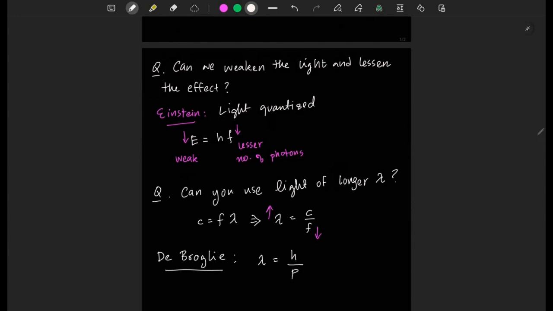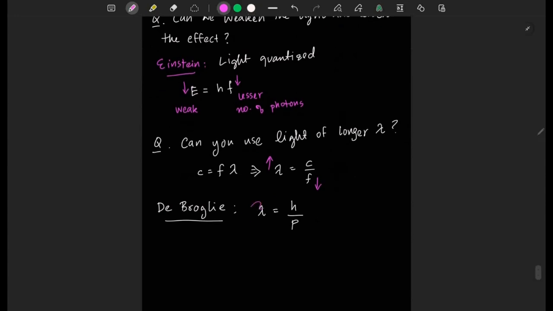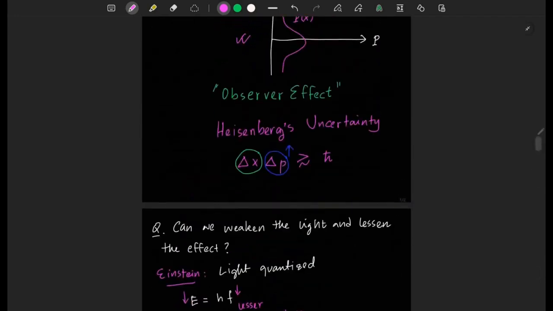So then if you have a longer wavelength, that reduces the momentum. So essentially what you're doing here is, if you use longer wavelength, you're kind of making the momentum precise. But what would that do? That would make the position indeterminate. That will introduce more uncertainty in delta x.